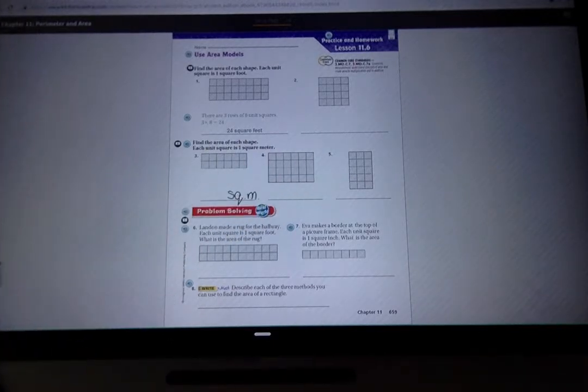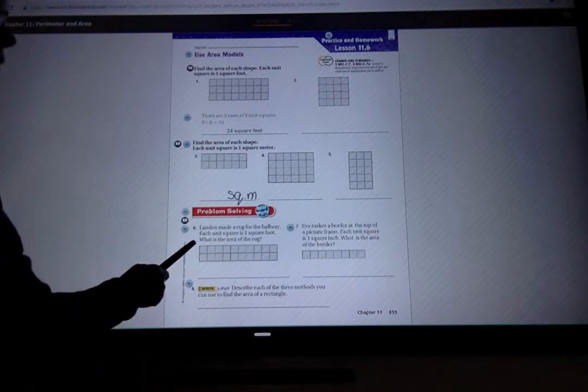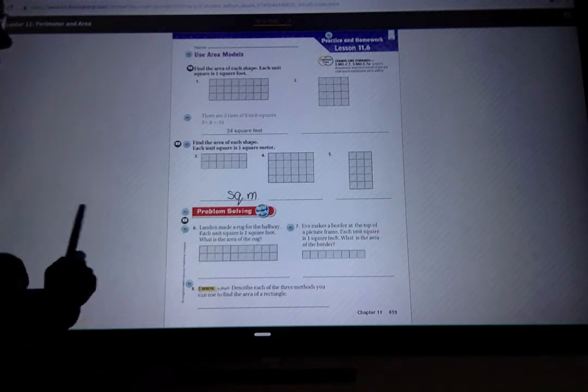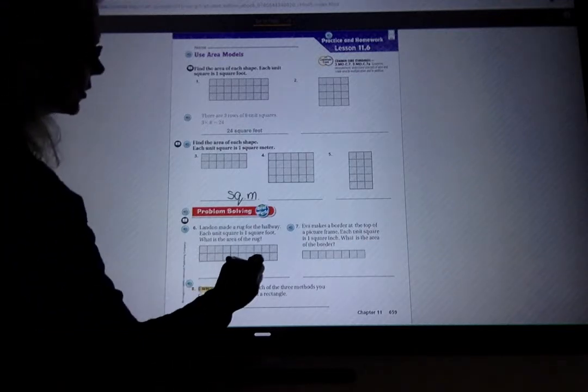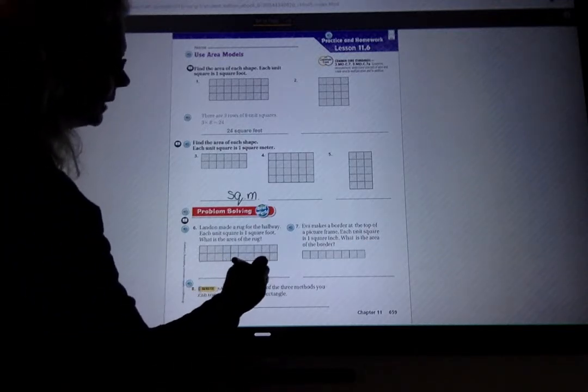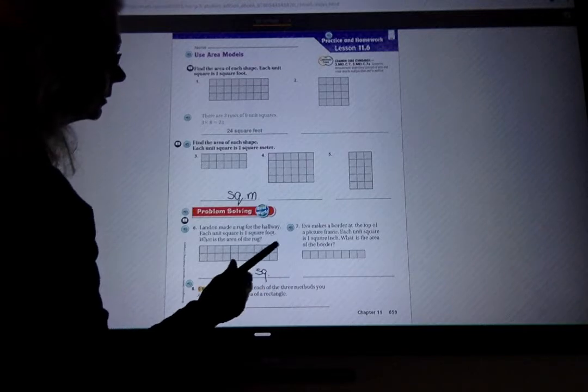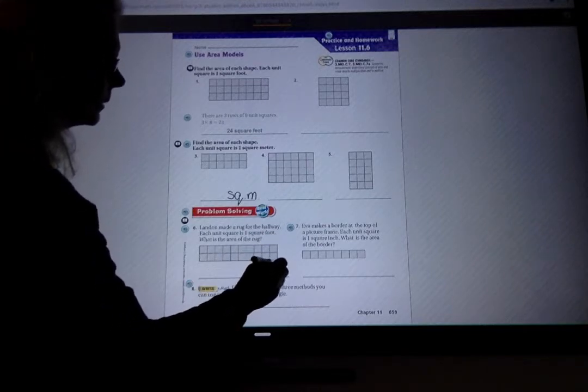Number 6. Landon made a rug for the hallway. Each unit square is 1 foot square. What is the area of this rug? You're going to fill in the blank, square feet this time.